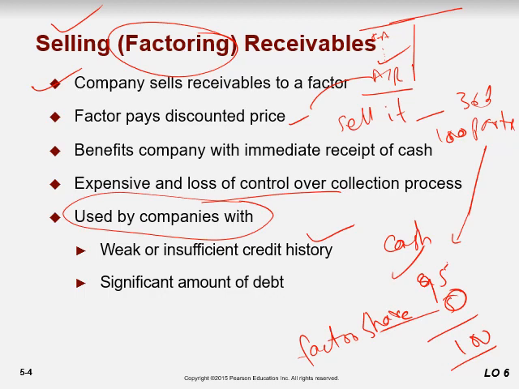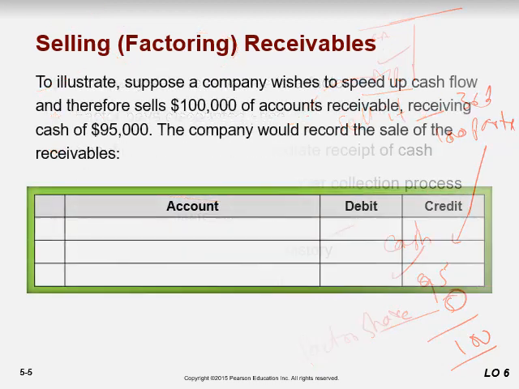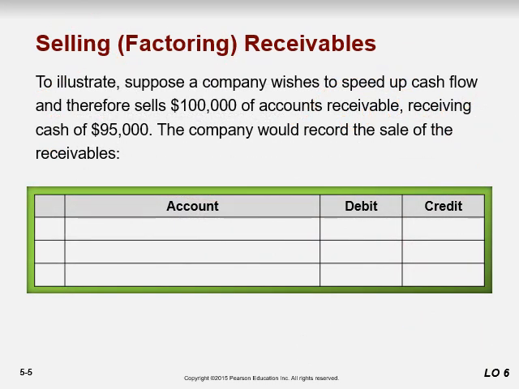So how do we account for this sale? We have an example here. Suppose a company wishes to speed up cash flow and therefore sells 100,000 of accounts receivable, receiving cash of 95,000. The company would record the sale of the receivable as follows. You sell your receivable and you receive cash.